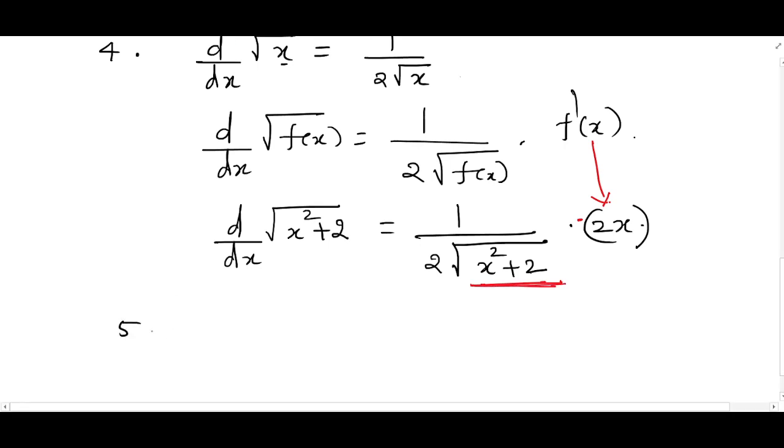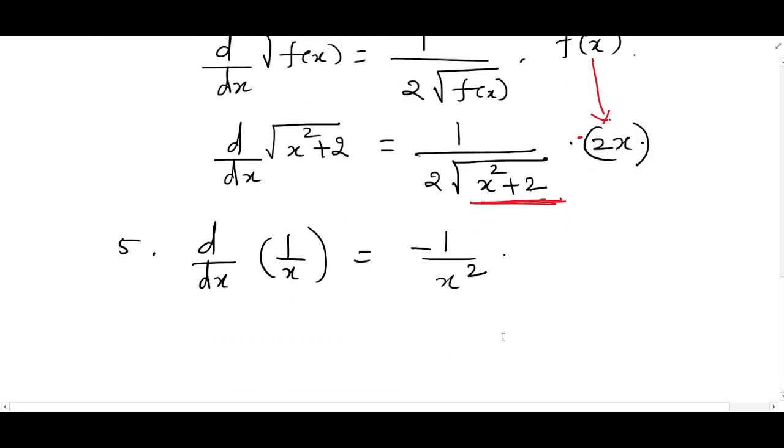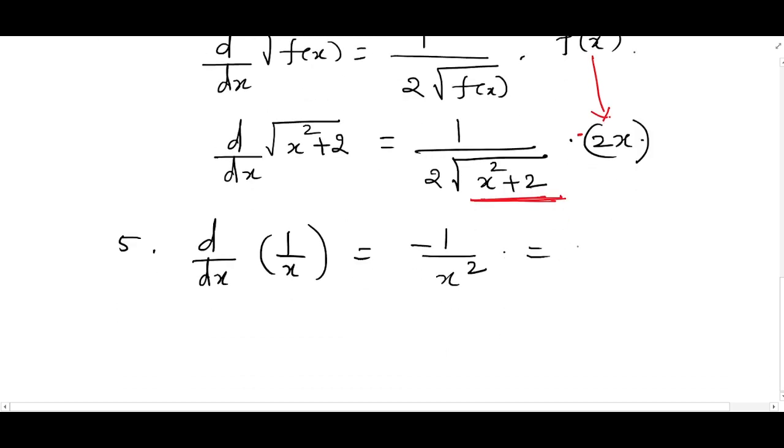So next function is d by dx of 1 by x. So d by dx of 1 by x is minus 1 upon x square, or we can write it as x raised to minus 2. So how are we calculating this? D by dx of, I can write it as x raised to minus 1.